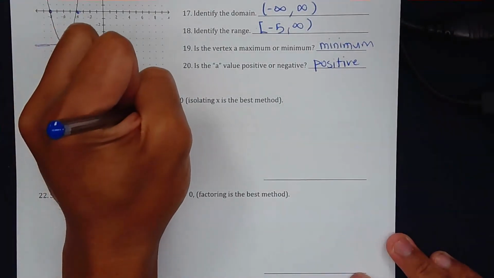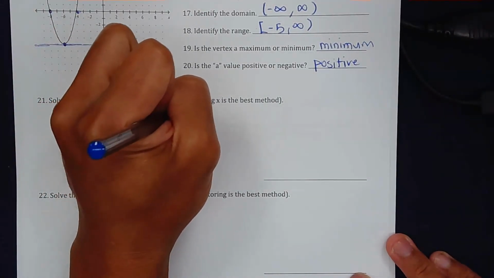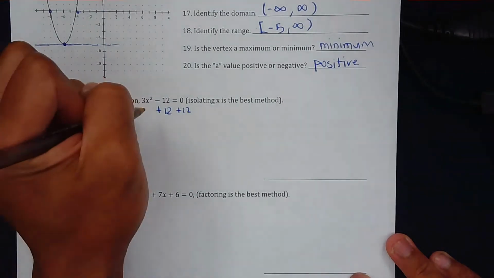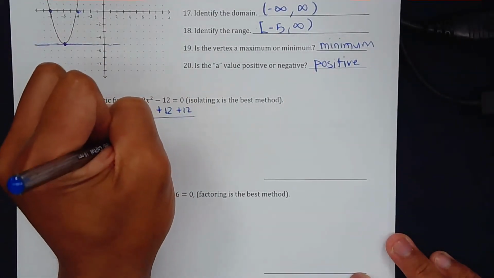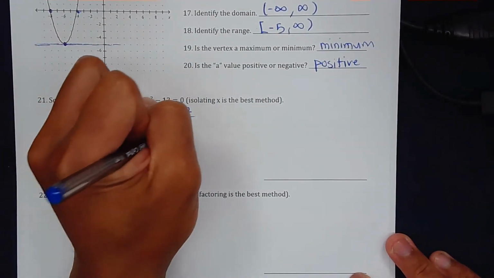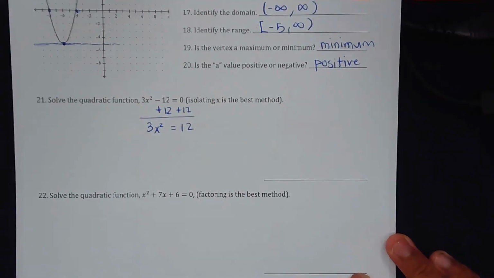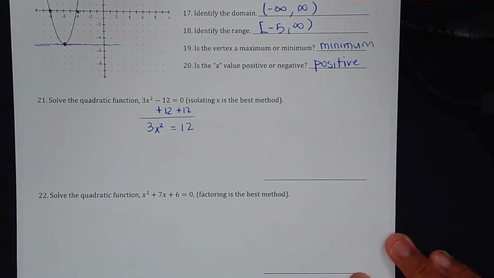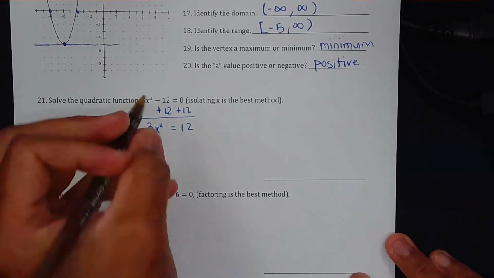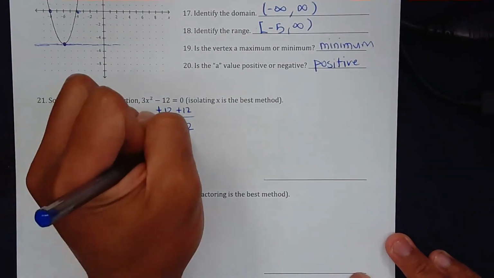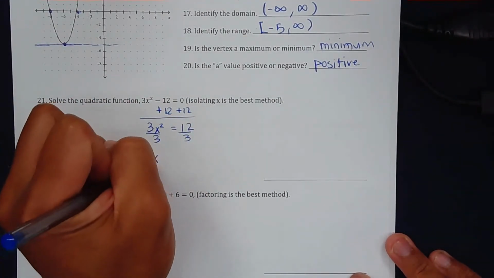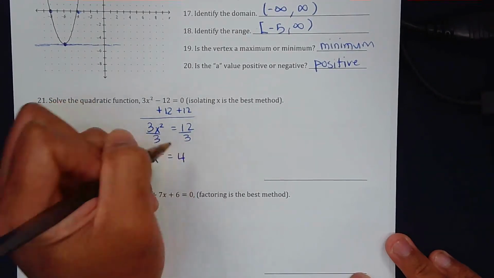Let's see, we go ahead and add 12 to both sides. We get 3x squared is equal to 12. All right, we want to get x by itself, so we go ahead and divide by 3 first. We get x squared is equal to 4.